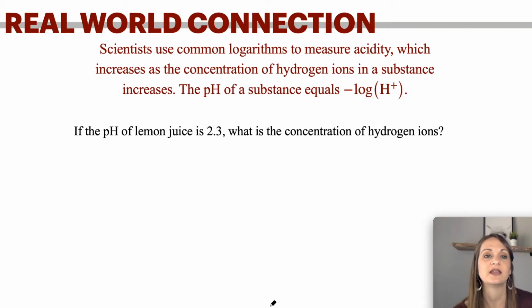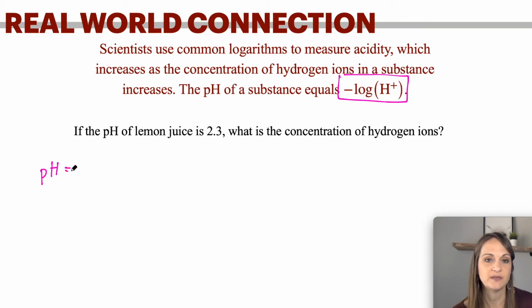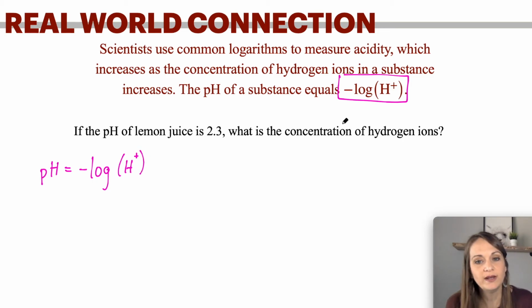Now, a real-world connection: the pH level of a substance actually equals this formula. The pH of a substance equals negative log base 10, because there is no number down there, of the concentration of hydrogen ions. So they want to know what is the concentration of hydrogen ions if the pH level is 2.3.